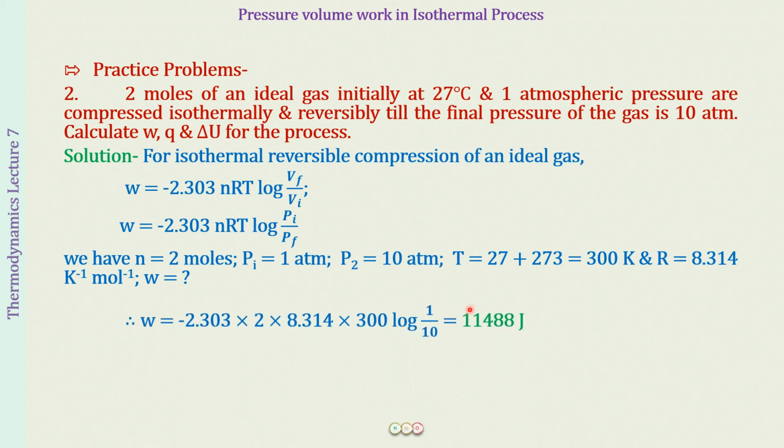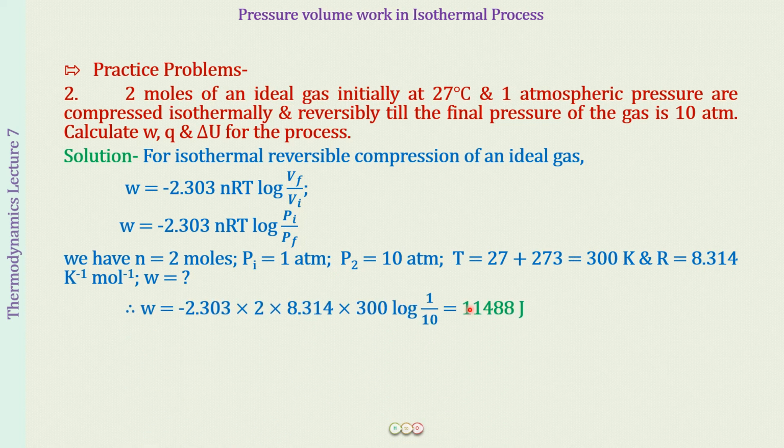So when we put down these values, we will find the work done to be 11,488 joules, right? So this is the work done, and again you can see that this is a positive work. So this is going to be work done on the system. This is a compression that is taking place.